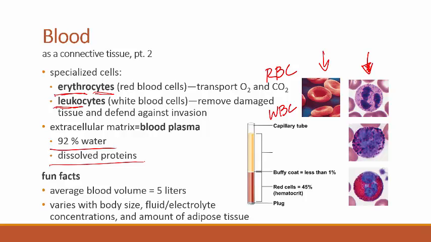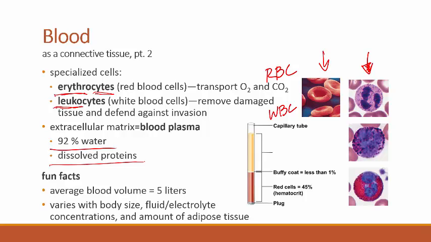And the amount of blood that we have in our bodies varies, of course, with body size. Larger people have more blood, but it can also be influenced by electrolyte concentrations or fluid concentrations in the body.